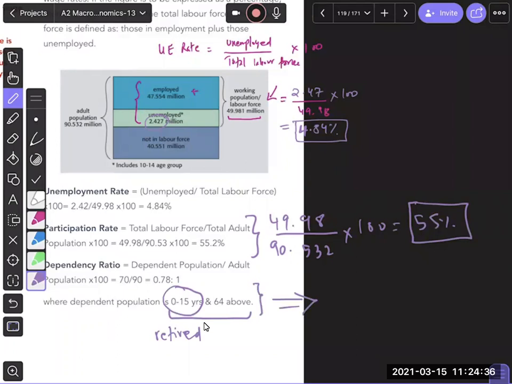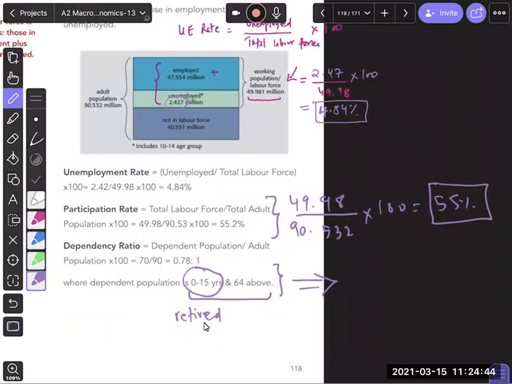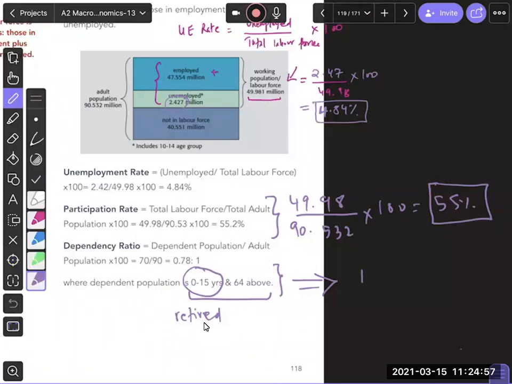It's dependent on those who are working, or rather those who can work. If you look at Pakistan's total population, it was 160 million at that time. Minus, I'll subtract this 90 million.